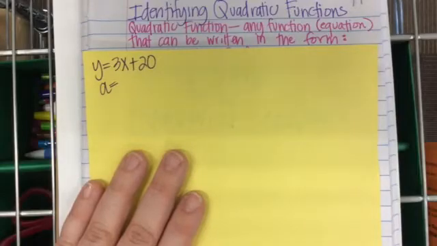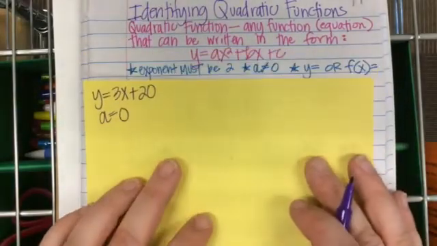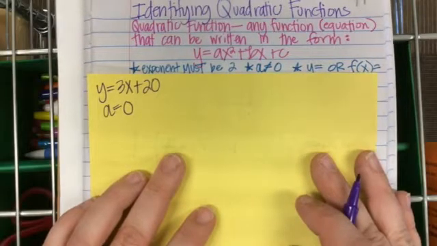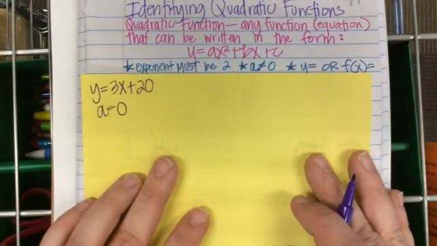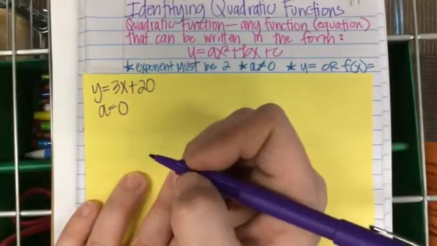It's 0, because the a value is whatever touches x squared. And there is no x squared, so our a value is 0.